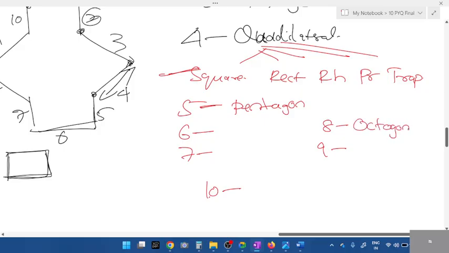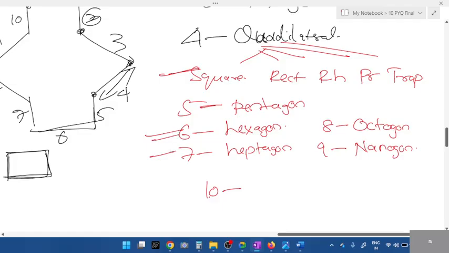Octagon. 9, nonagon. Pentagon, nonagon. 6 is hexagon. 7 is heptagon. Yes, heptagon.